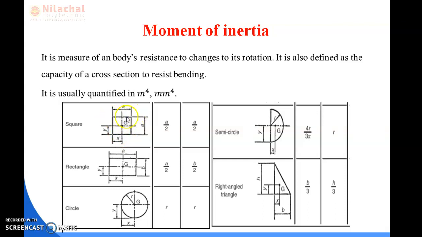This side is designated as A, so half of A is your CG value.